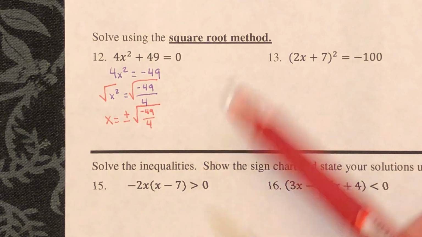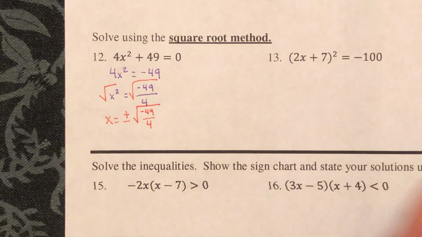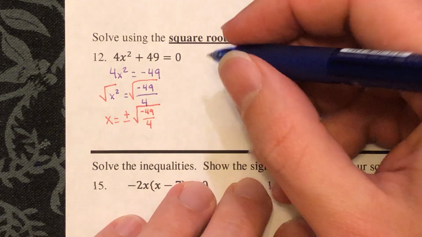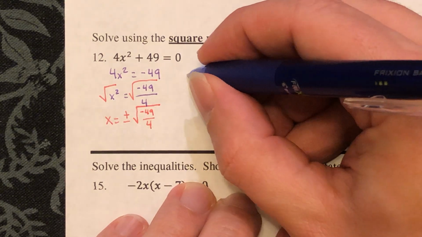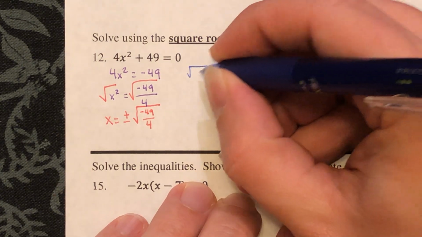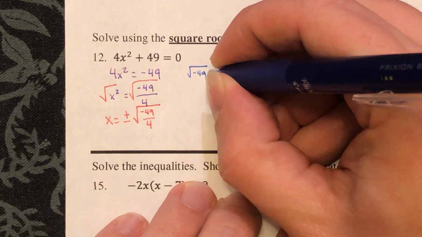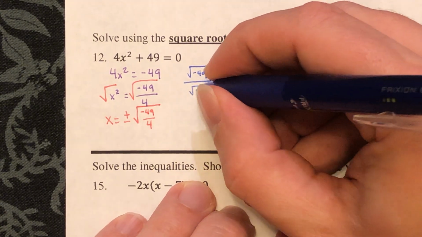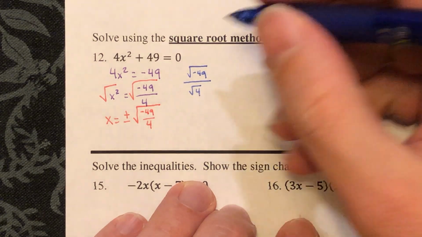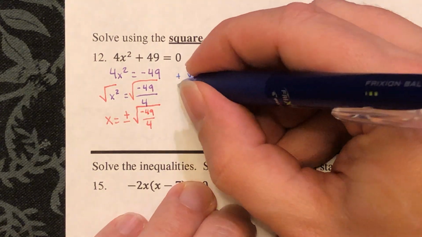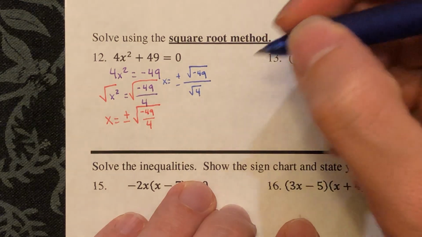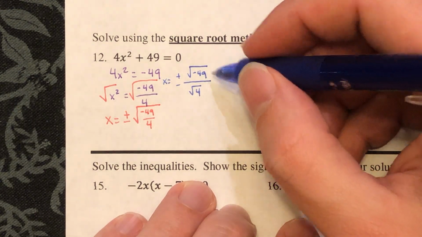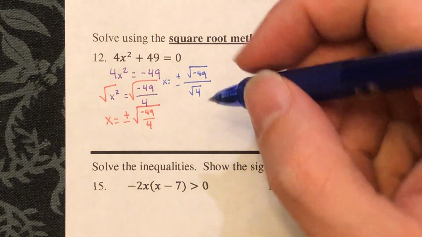And this I'm going to want to simplify. When you take the square root of a fraction, what you really have is the square root of the top, so square root of negative 49, divided by the square root of the bottom, square root of 4. So I have x equals positive or negative square root of negative 49 divided by square root of 4.